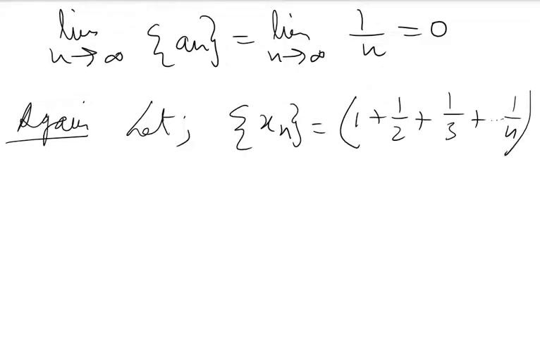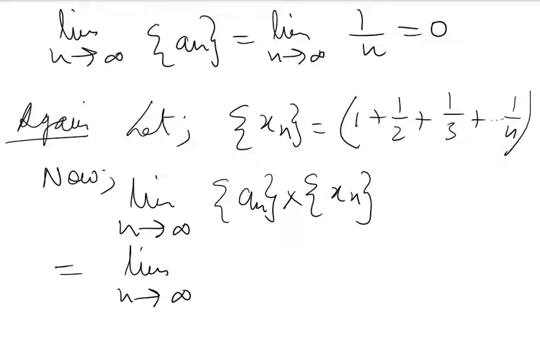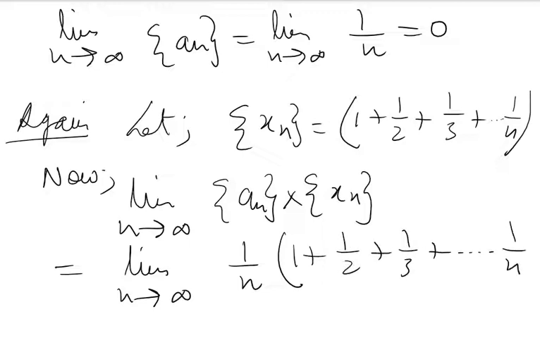Now if you notice, limit n tends to infinity a_n into x_n is equal to limit n tends to infinity, where a_n is 1 by n, times 1 plus 1 by 2 plus 1 by 3 plus dot dot dot 1 by n.